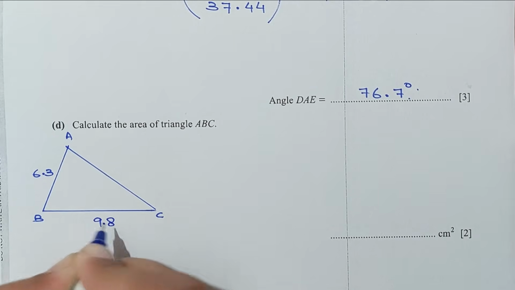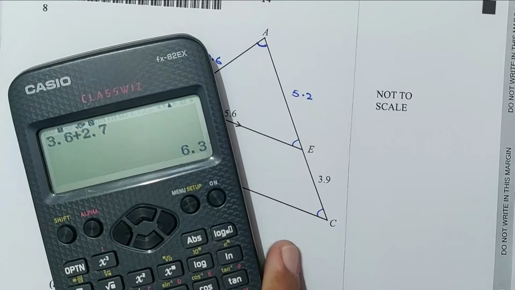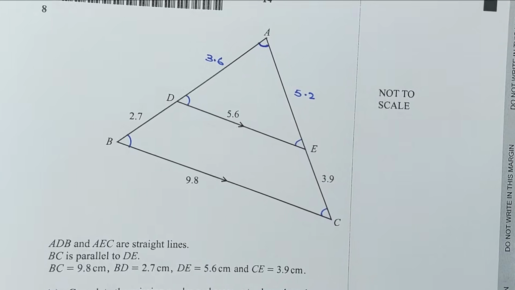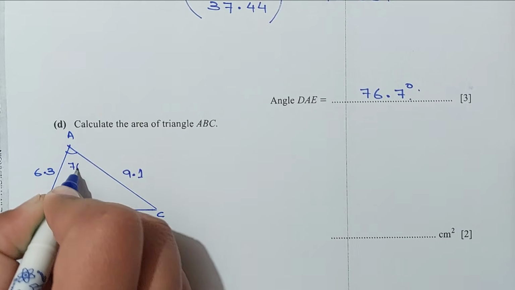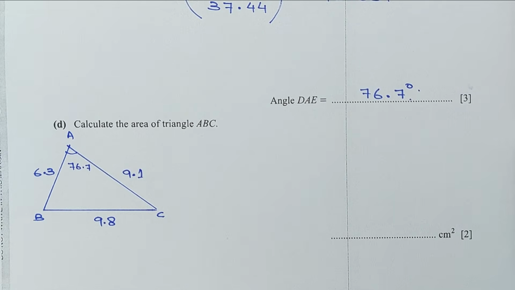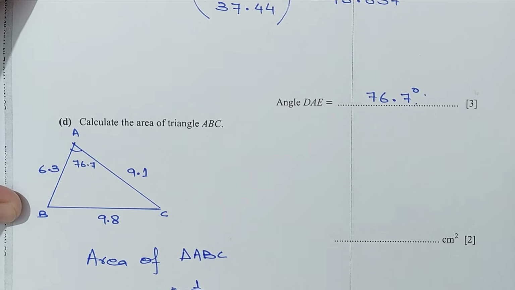And B to C is 9.8. And what is A to C? This is 5.2 and 3.9, which is 9.1. This length is 9.1 and this angle is 76.7. Let me find the formula for the area of the triangle. Area of triangle ABC is half times the two sides and the sine of the angle between them, right?